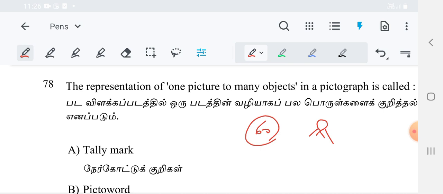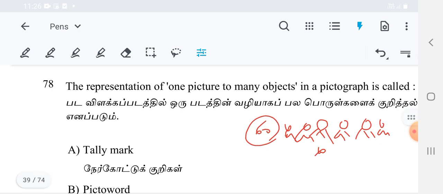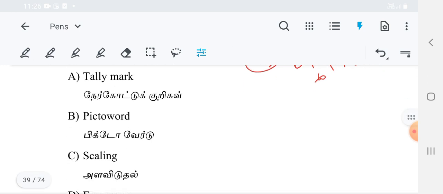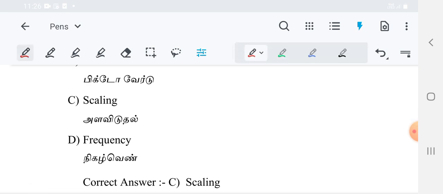One picture represents 10 students. So for 60 students, we have to use the symbol like this. In the same way, this is called the scaling method in the pictograph category. This is the graphical part. The scaling, in Tamil, is alavididal.